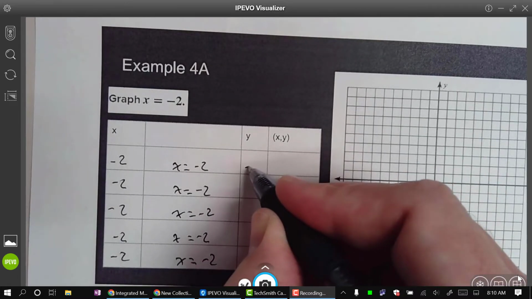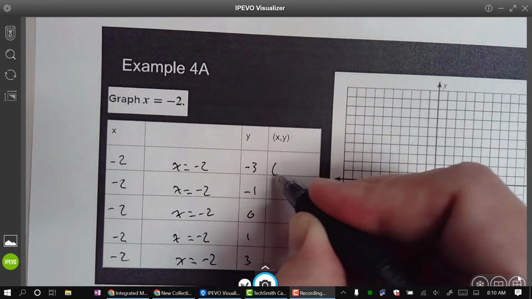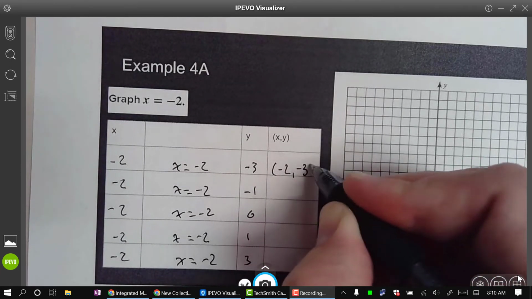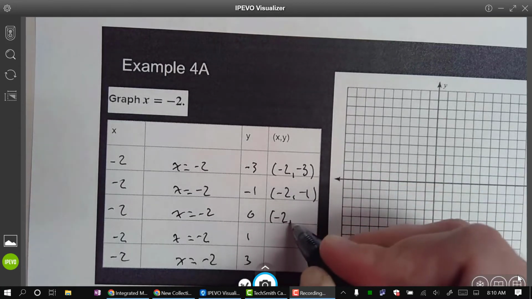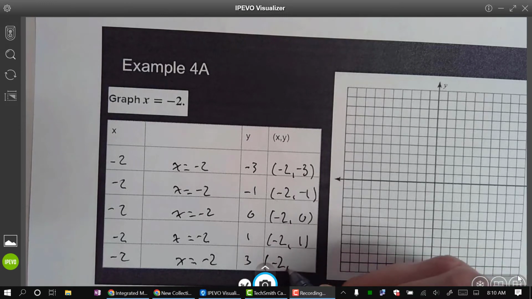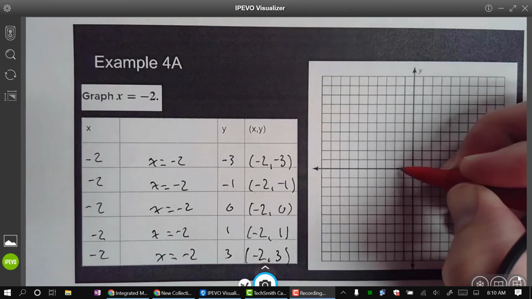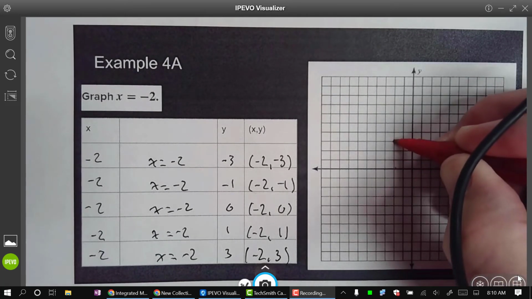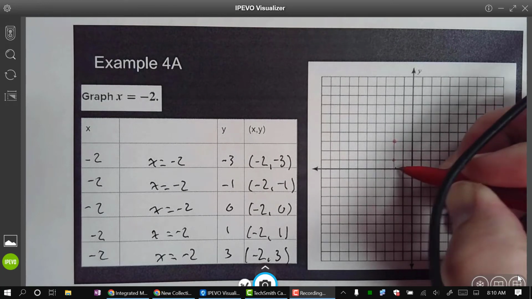So I can go negative 3, negative 1, 0, 1, and 3. It's going to give me negative 2, negative 3; negative 2, negative 1; negative 2, 0; negative 2, 1; and negative 2, 3. And when I plot these, I move left 2 and then up or down to each y value.